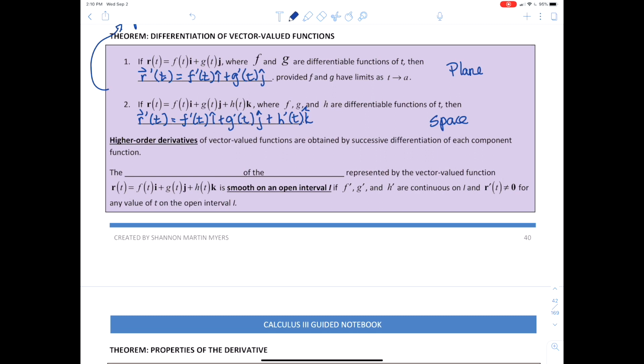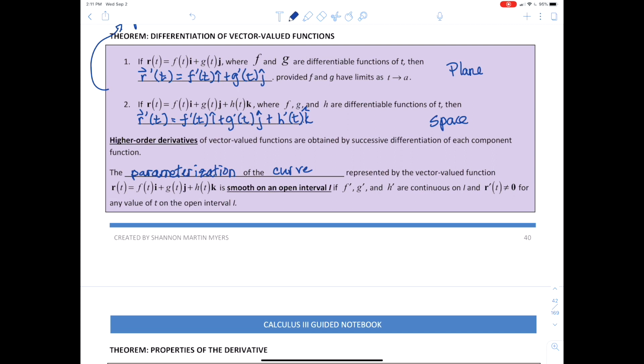It also turns out that the parameterization of the curve represented by the vector valued function r at t equal to f at t i plus g at t j plus h at t k is smooth on an open interval I if f prime, g prime, and h prime are continuous on I, and the vector r prime at t is not equal to the 0 vector for any value of t on that open interval I.